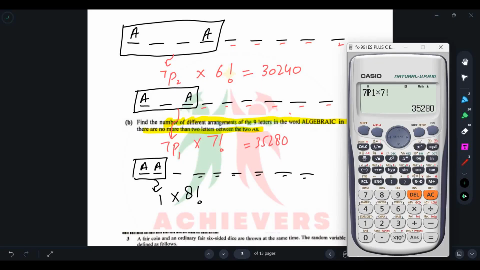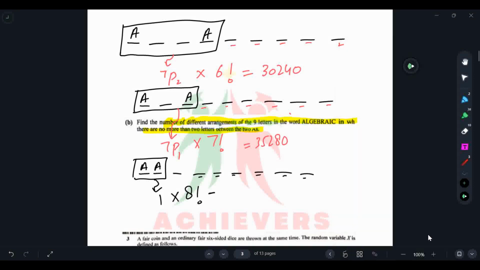Now if we simplify it on the calculator, shift factorial, this will be 40320.